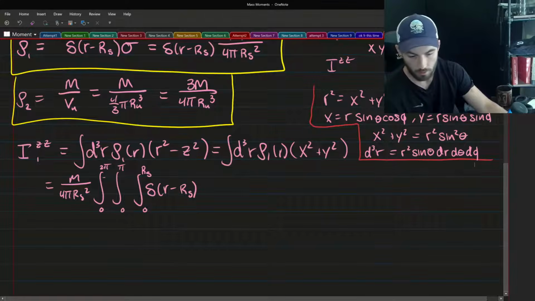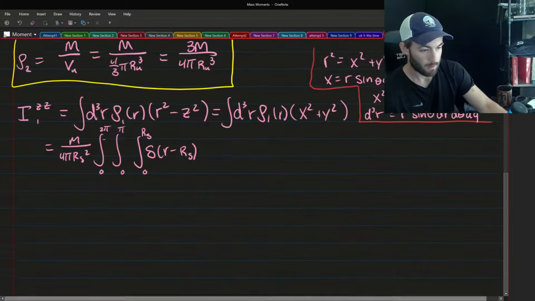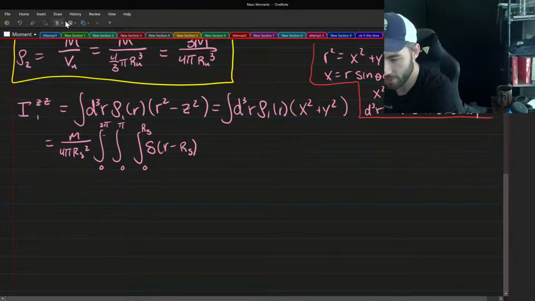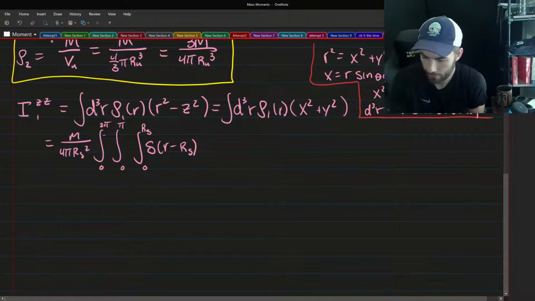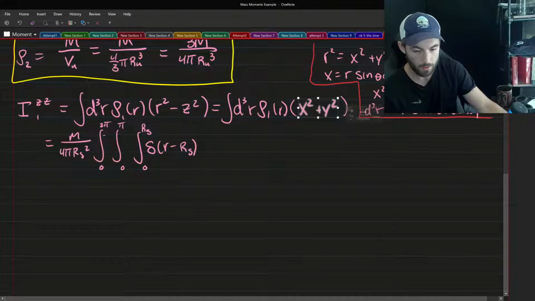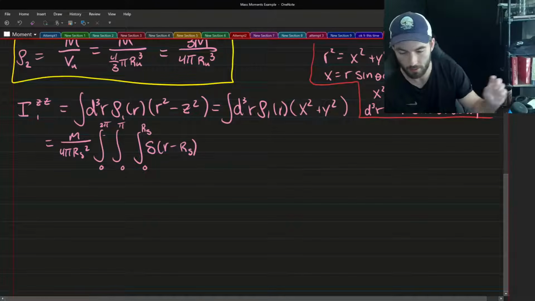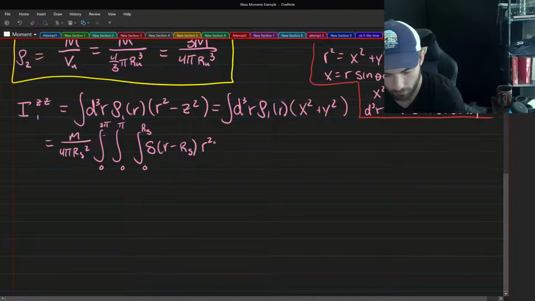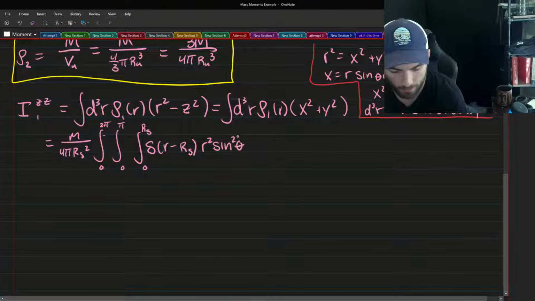Okay. So let's substitute all this in. Instead of x squared plus y squared, I'm just going to write r squared sine squared theta.